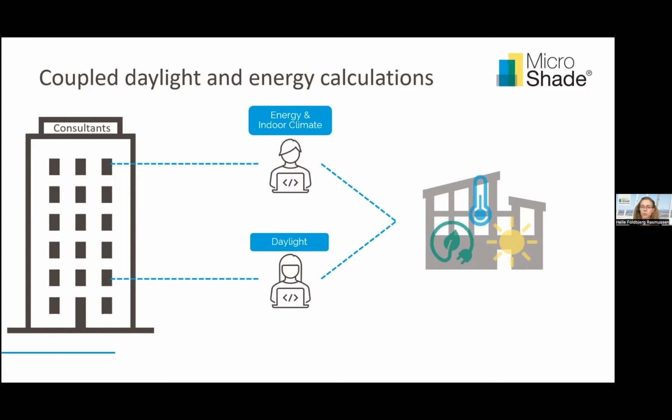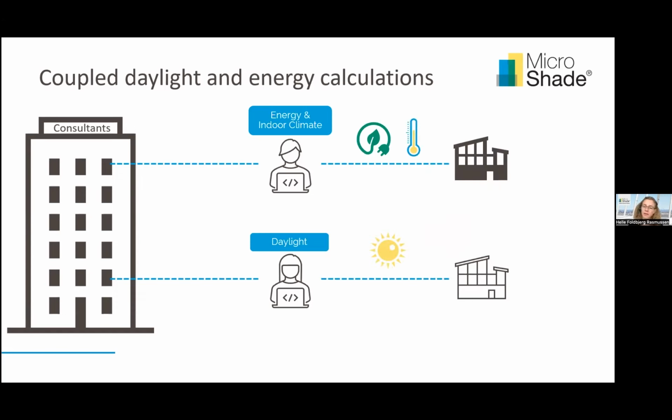And furthermore, we use climate-based calculations for both energy and indoor climate and for daylight. Coupling the calculations means that we always consider only one building and that the gap is limited between design and the actual performance. And in this way, we believe that we can create buildings with a higher likelihood of sustainability.